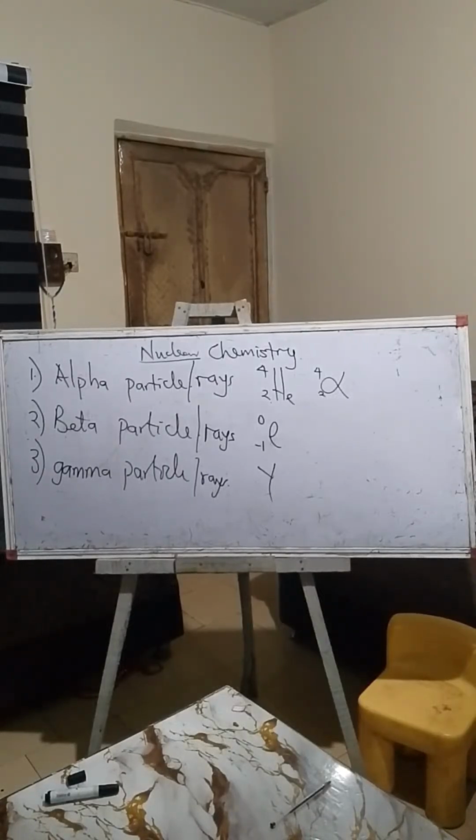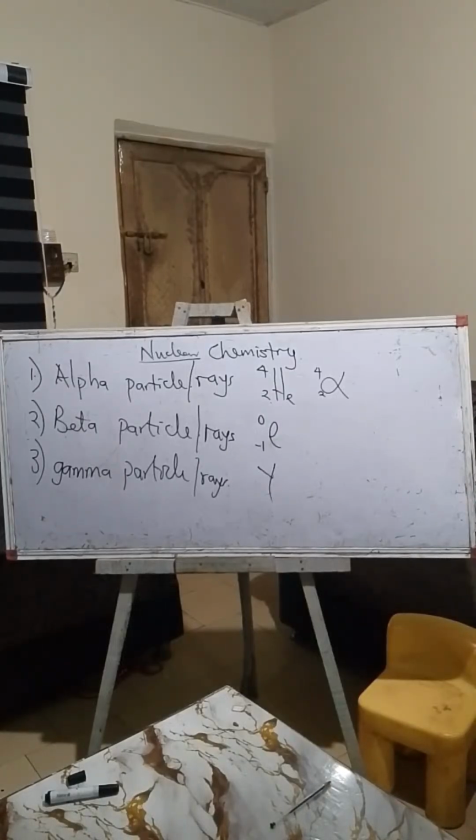Or if it is more than 80, will it be stable? So that gives us what we call isotope. So I'm taking it gently now. So what is isotope? We said isotopes are elements that have the same atomic number but different mass number.